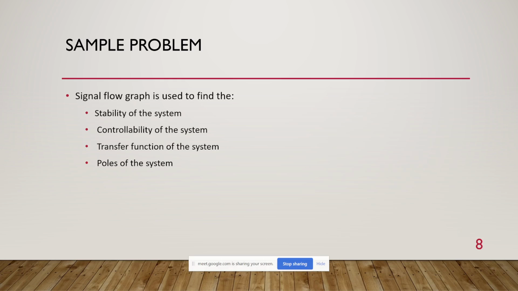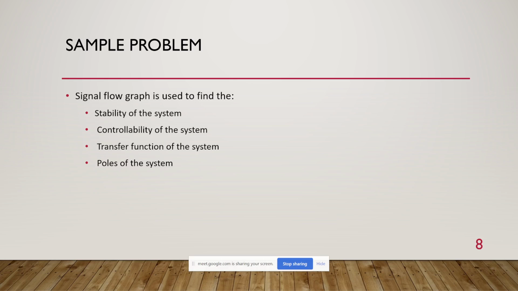The signal flow graph is used to find what? There are 4 options here: stability of the system, controllability of the system, transfer function of the system, and force of the system. Why do you use signal flow graphs? As I said earlier, signal flow graphs are mainly used to apply Mason's rule.